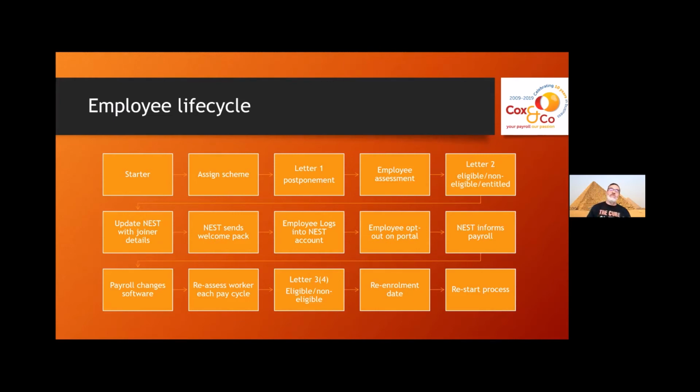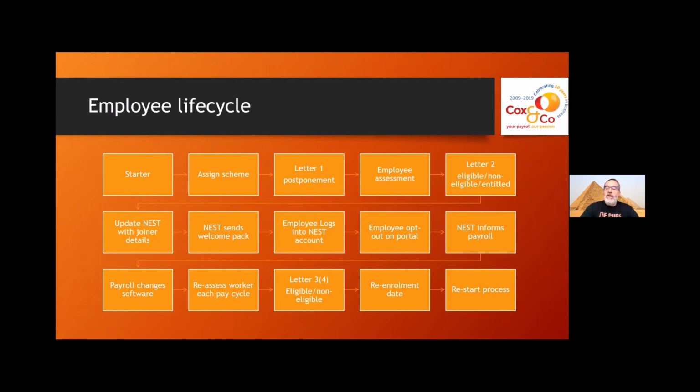The timing of all of these, and I talk about it in one of the later slides, the timeline, is one of the difficulties with all of this, really. If you get that letter out too early, then an employee can be trying to opt out of a scheme with NEST, because it will tell them they can opt out with NEST, before they've been enrolled as a worker or as a member with NEST.